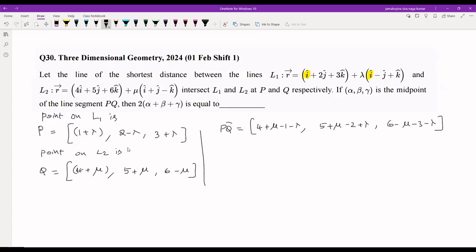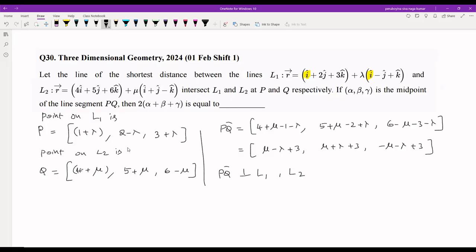Just to simplify those numbers: mu minus lambda plus 3, mu plus lambda plus 3, minus mu minus lambda plus 3. So this is PQ bar. And according to the description, PQ bar is perpendicular to both L1 and L2. So therefore the DRs, if you multiply, then it will be 0. That is what we are going to do next.